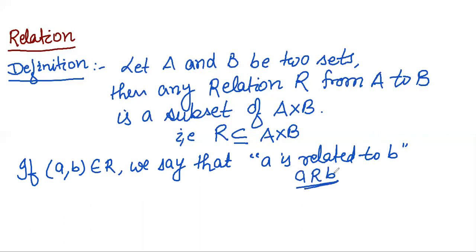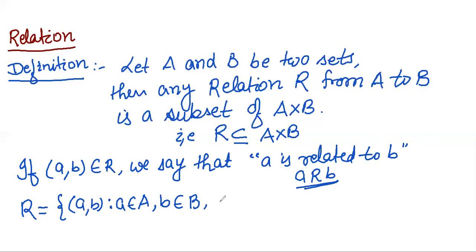So we can define it in set builder form: R equals (a, b) such that small a belongs to capital A, small b belongs to capital B, and a is related to small b. So this is the definition of a relation. I hope it is clear for you all. An example I have also given.